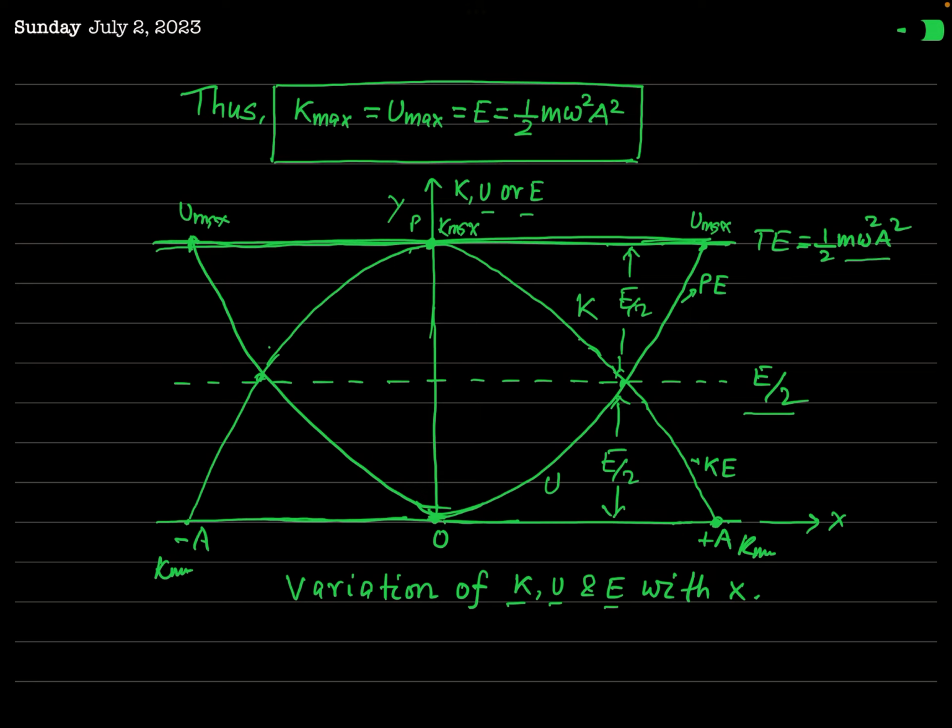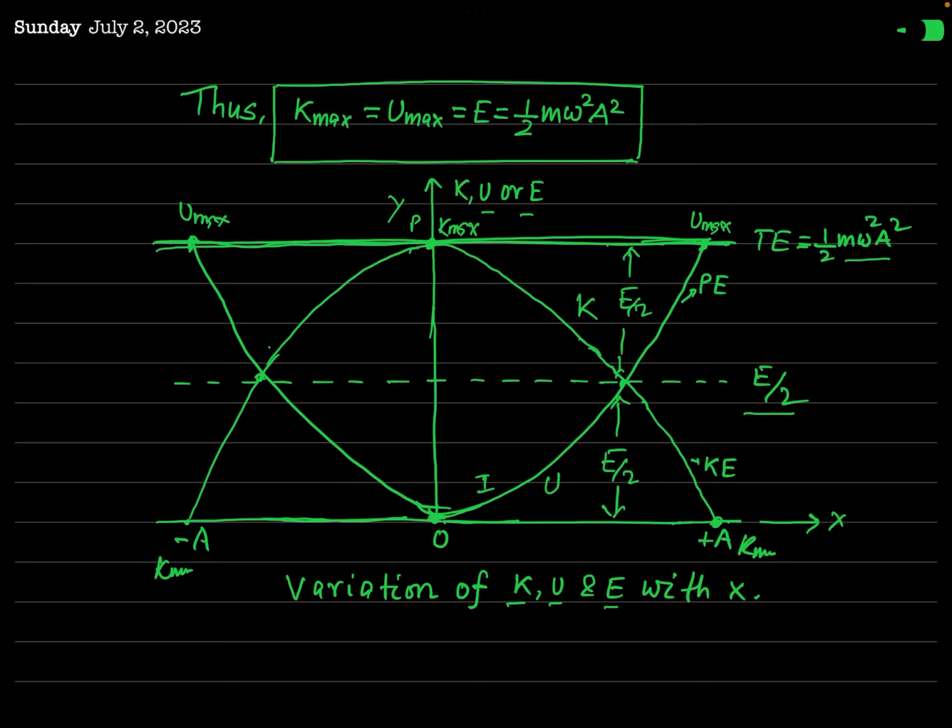When x increases, potential energy non-linearly increases in a parabolic manner, and when x is equal to plus a, then potential energy is maximum. So this first curve represents the variation of potential energy.